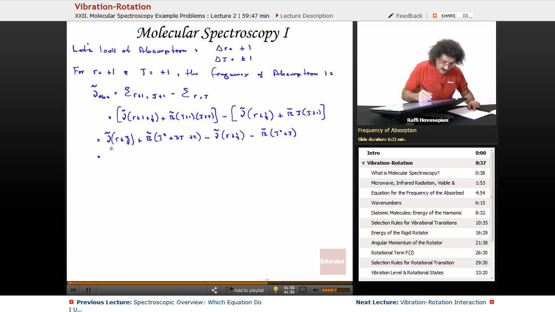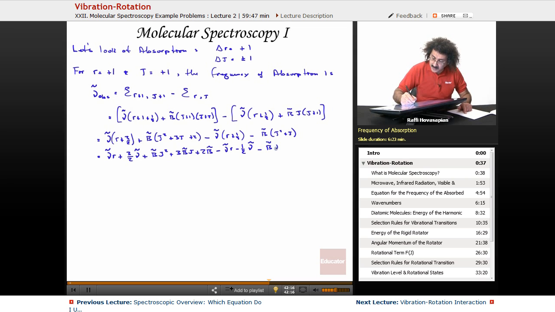What you end up with is nu tilde R plus 3/2 nu tilde plus B tilde J squared plus 3 B tilde J plus 2 B tilde minus nu tilde R minus 1/2 nu tilde minus B tilde J squared minus B tilde J. This is just algebra. That's all it is. It's always the worst part of mathematics. Algebra has always been the worst. It always will be the worst.